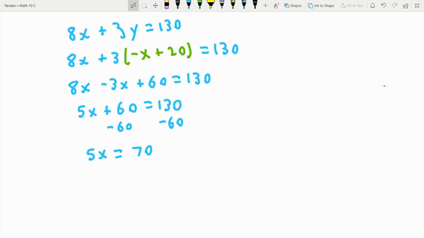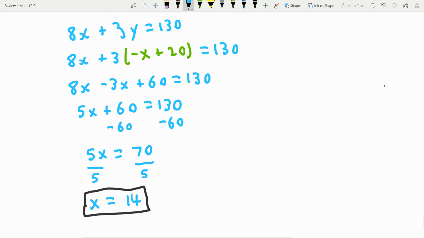Now if I want to isolate x, I have to divide every term by 5. So x equals 70 divided by 5, which is 14. So x equals 14 is one of my solutions, meaning x equals 14 liters, because these are in terms of liters.